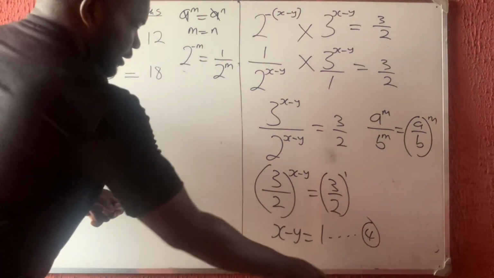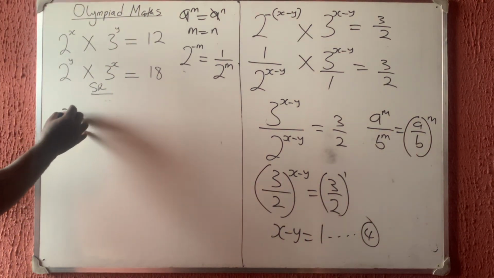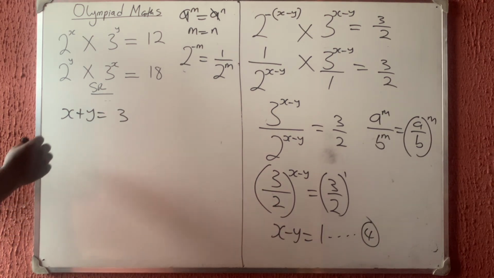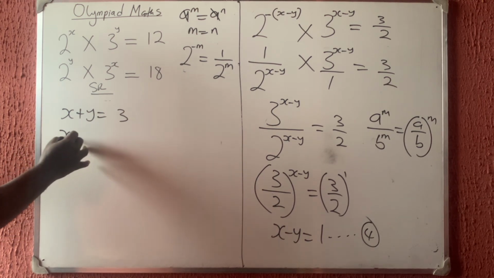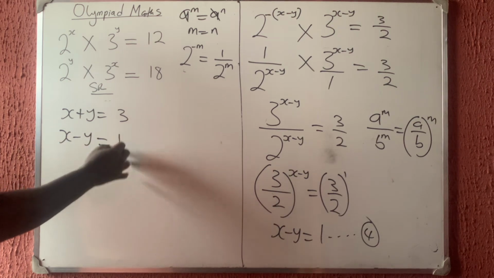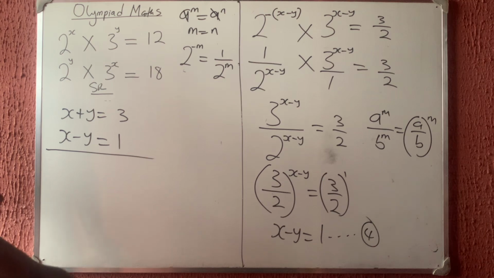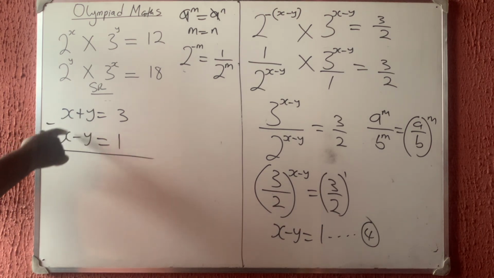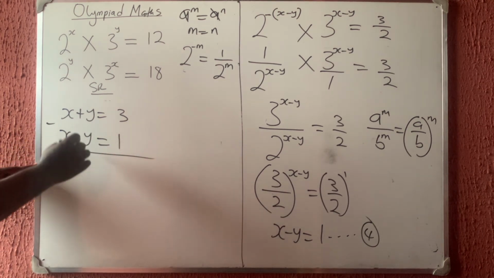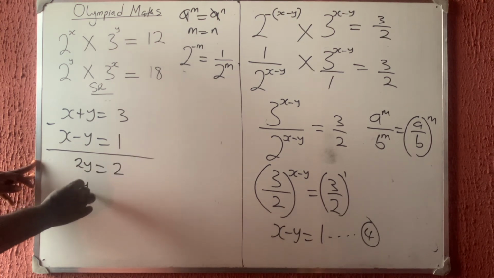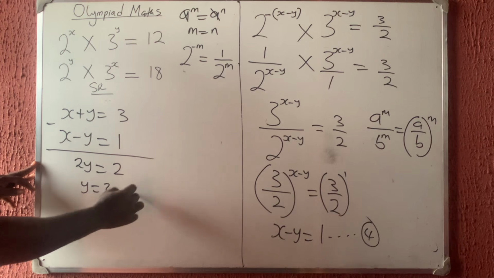Don't forget that in our equation 3, we got that x plus y is equal to 3. Then in our equation 4, we got that x minus y is equal to 1. Let me just subtract. This minus this is gone. This minus this will give you 2y is equal to 2. Therefore, y is equal to 2 divided by 2, which is 1.